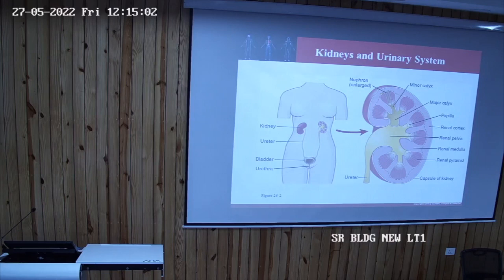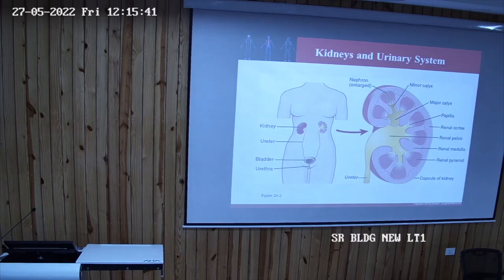When we see the cut section of the kidney, the outer portion appears granular, and this granular outer portion is known as the renal cortex. Next to the cortex, we have which portion?